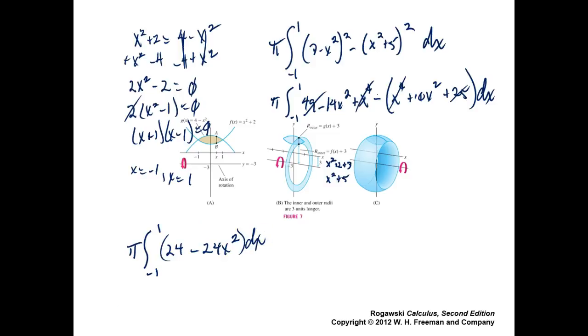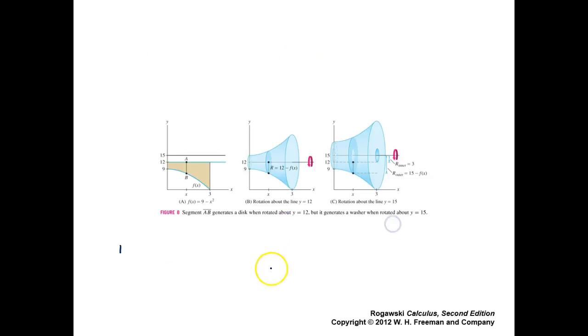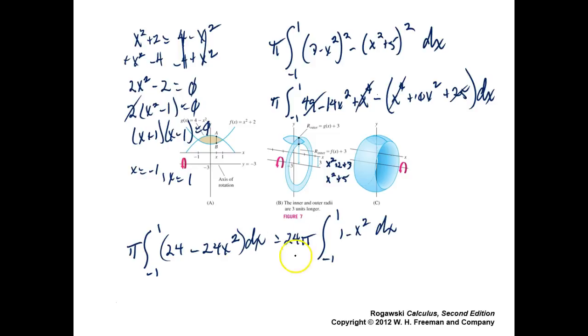All right. What's an obvious thing you can do next? Yeah, factor out a 24, so this would be 24 pi integral from minus 1 to 1 of 1 minus x squared dx. Okay, I think we can do this integral.